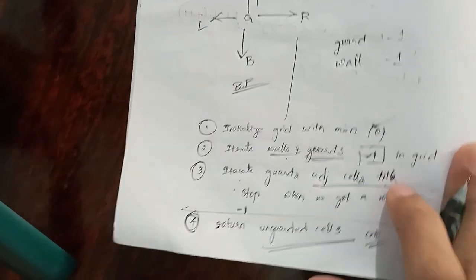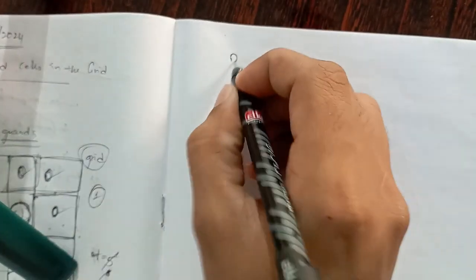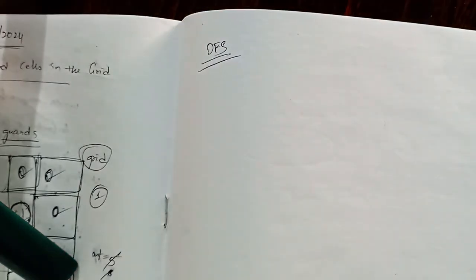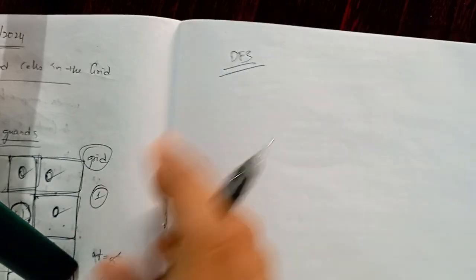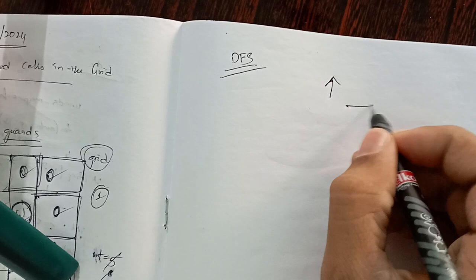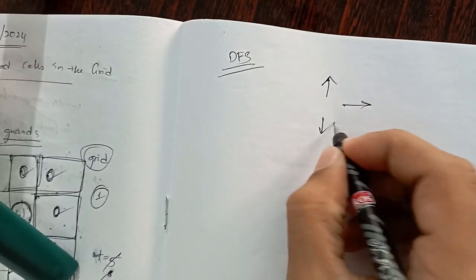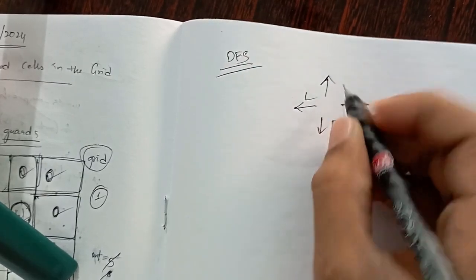There is another approach similar to this, that is by using depth first search. As I have told, we need to go either up, right, bottom or left.